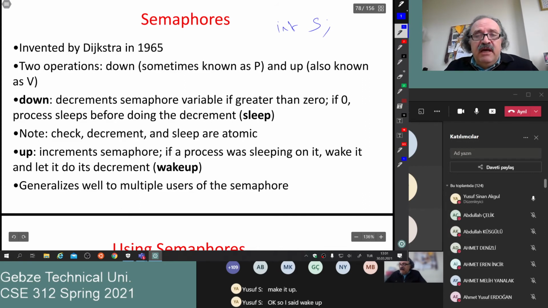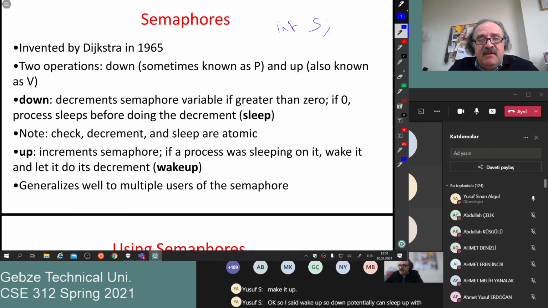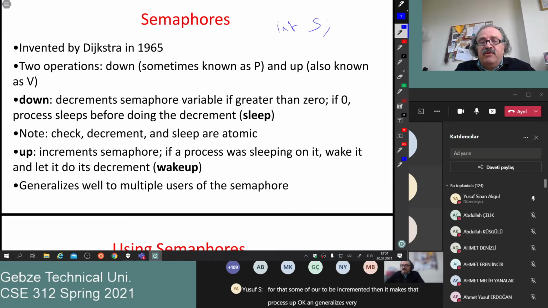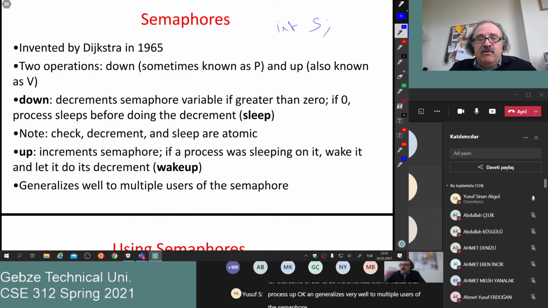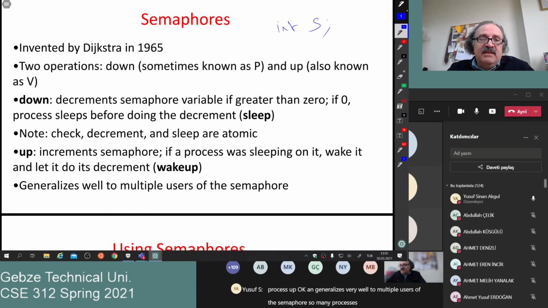So down potentially can sleep, up will never sleep. When you call up, it will increment the semaphore. If somebody is waiting for that semaphore to be incremented, then it wakes that process up. And it generalizes very well to multiple users of the semaphore. So many processes can decrement and increment these semaphores.